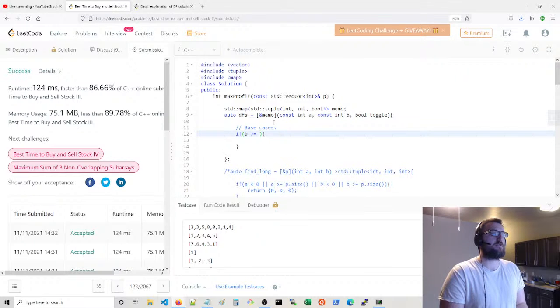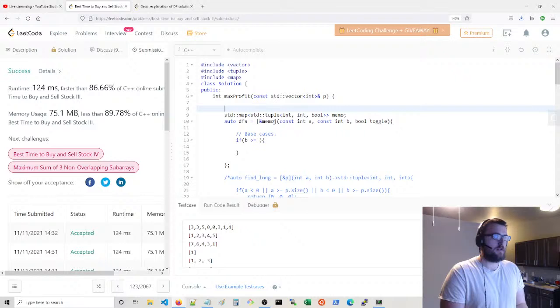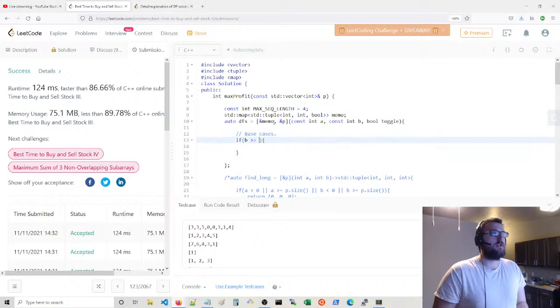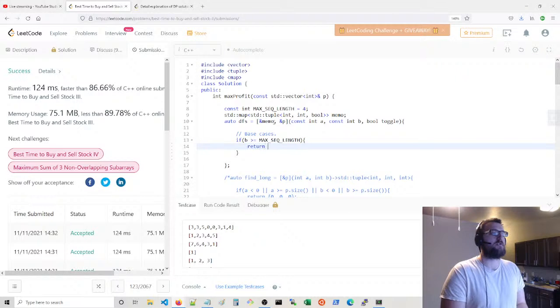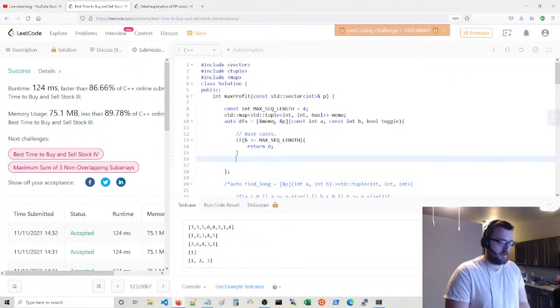So if B is greater than or equal to max sequence length, const int max sequence length is 4, return 0, and I'll explain shortly.